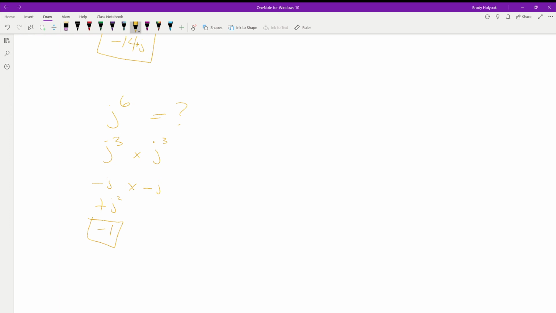So all we're doing is when we're given these values, we just want to separate them up into the known values that we have. So all you guys need to memorize is the four base powers of j. 0, 1, 2, and 3.